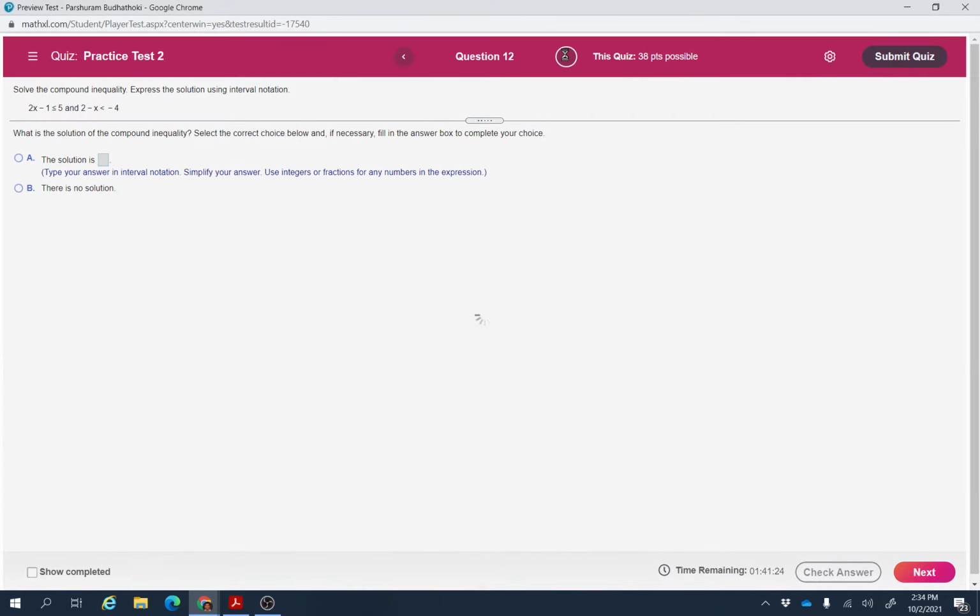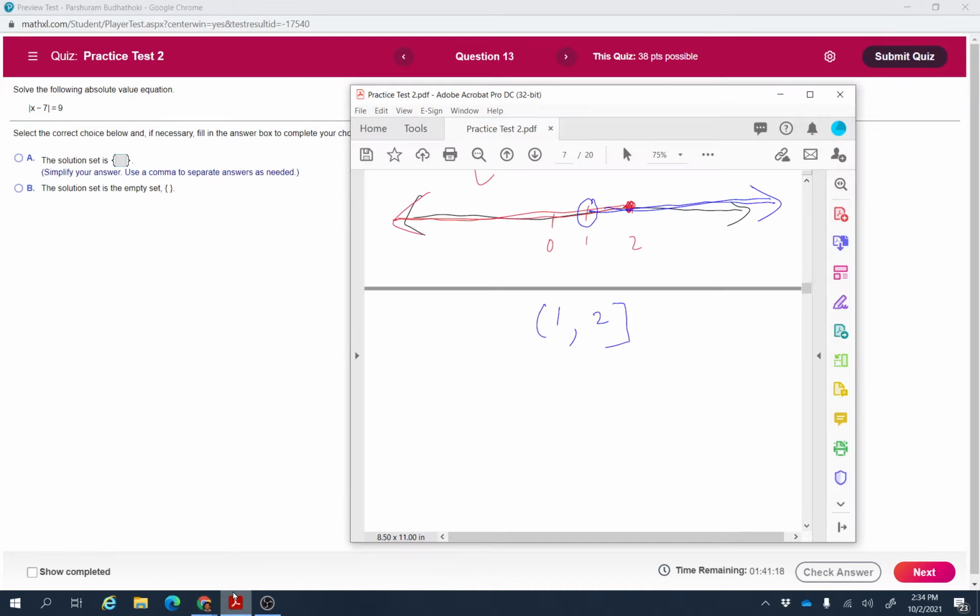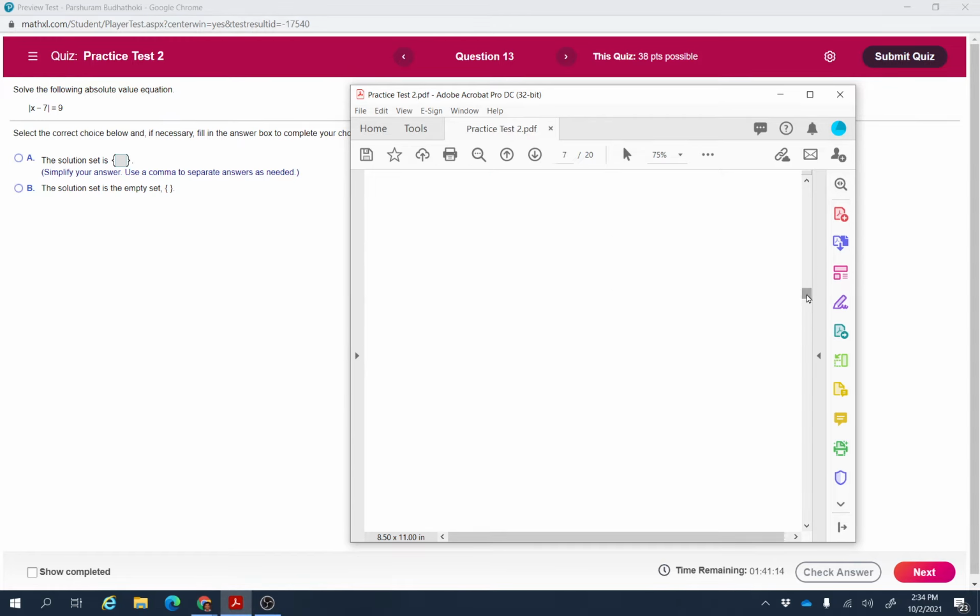Very similar type of problem. This is an absolute value equation. To solve this problem, you have to know the property of absolute value. The first property we have to use in this equation is problem 13.